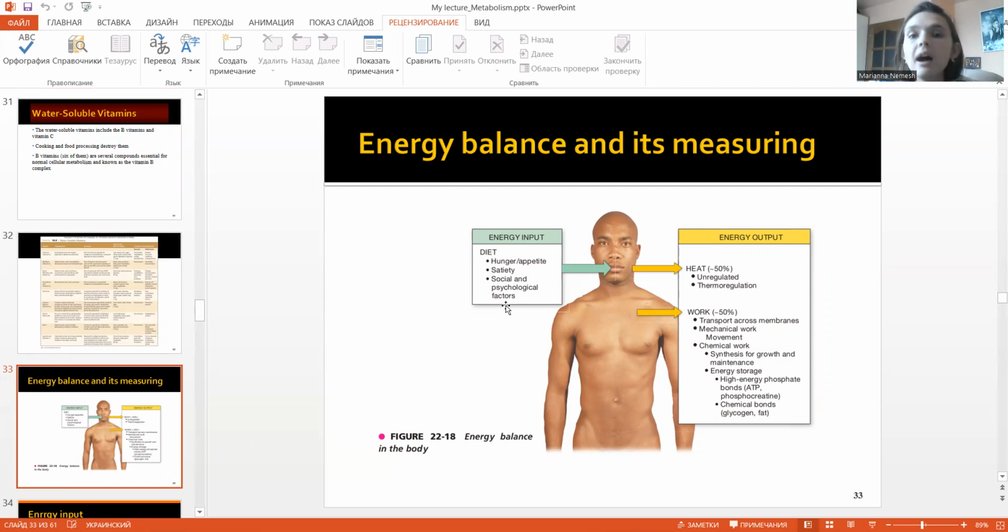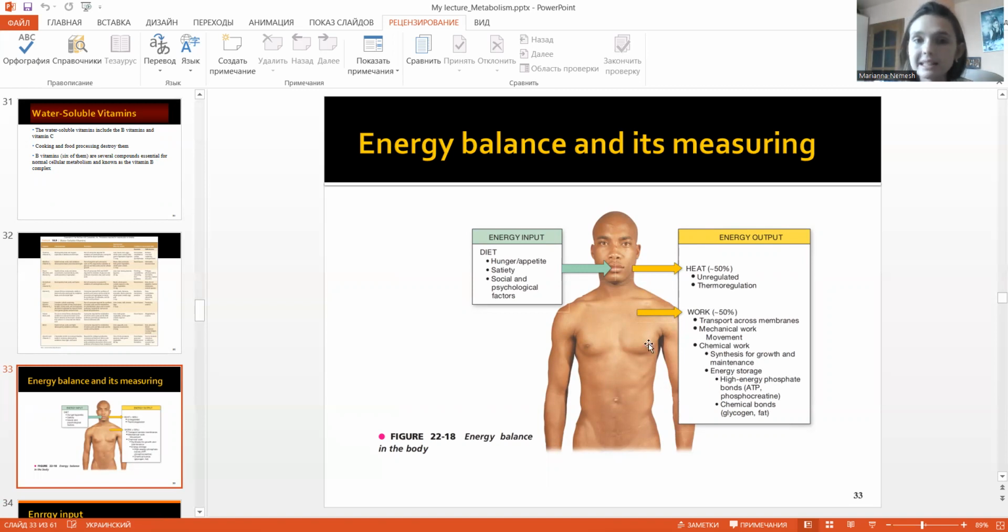About 50% of the energy in food is used by our body for heat production, and about another 50% for different kinds of work. It could be mechanical work or different kinds of movement. Examples of work include transport of nutrients, synthesis responsible for growth processes, and energy storing.